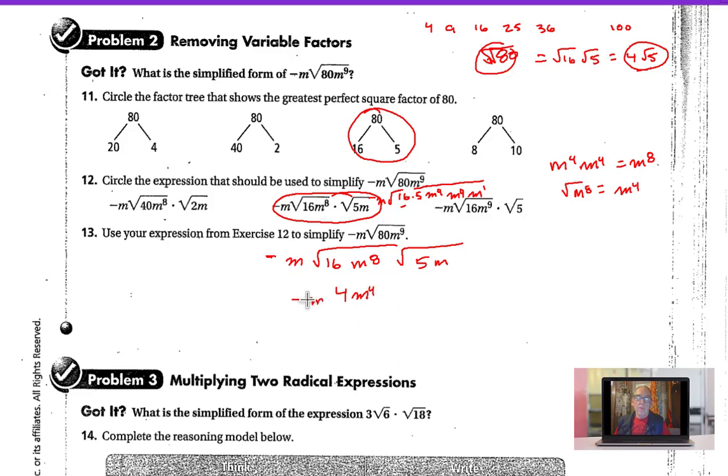We've got a minus m out in front, and we're left with 5m stuck inside the square root sign. And outside here, this m times m to the fourth makes an m to the fifth, so we end up with a negative 4m to the fifth square root of 5m. And that's the simplest form.